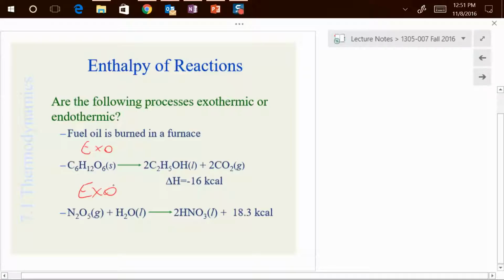Look at the last one. Energy is a product of this reaction. Endothermic or exothermic? Exothermic, because it's a product of this reaction. So all three of these are exothermic reactions, written basically in three different ways.